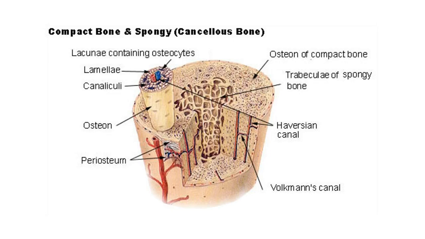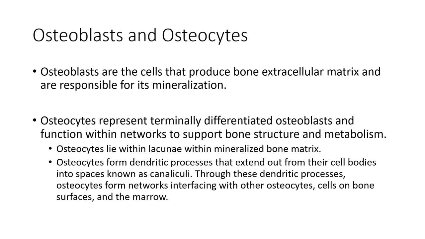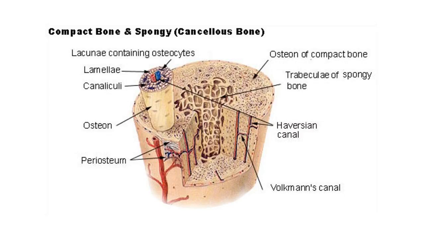Now here's a layout of compact bone, and we've also got spongy bone, or cancellous bone. Compact bone consists of closely packed osteons, or Haversian systems.